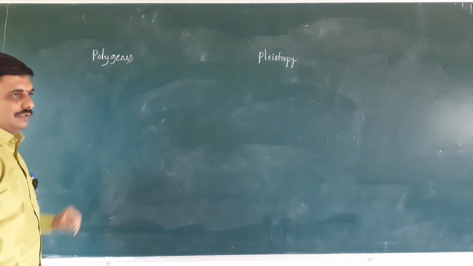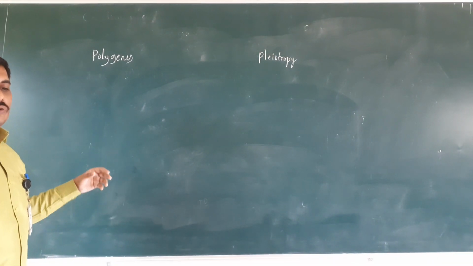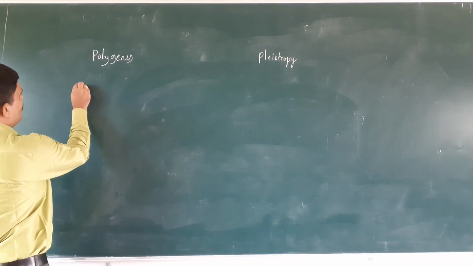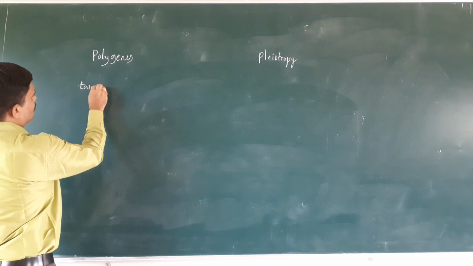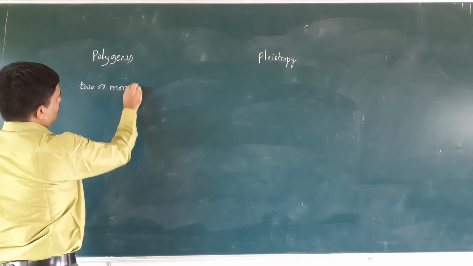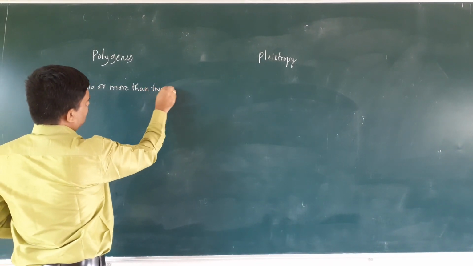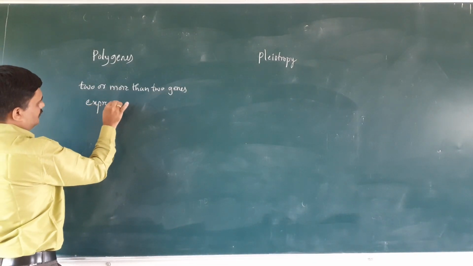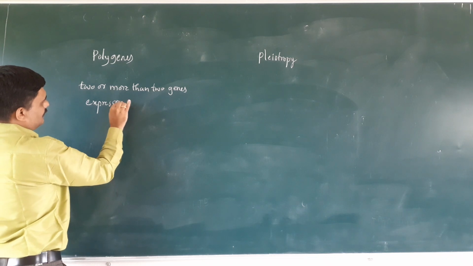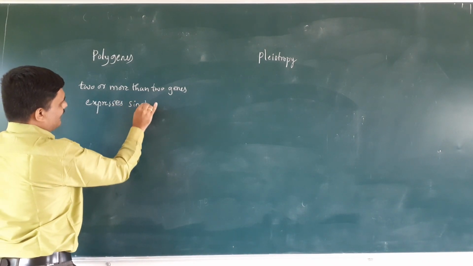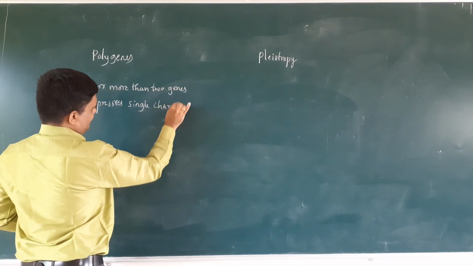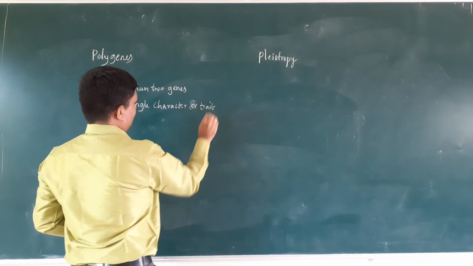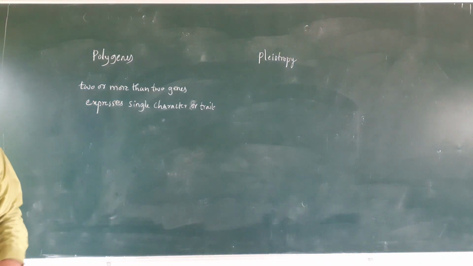What are polygenes? They are the many genes or multiple genes. When two or more genes express a single character or trait, it is called polygeny.